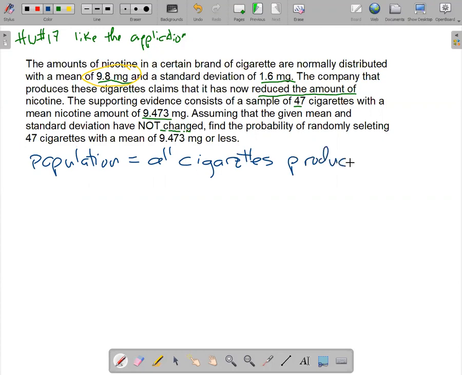Every situation you get to reflect on what the population we're looking at is. It's always a little bit different, and usually you make it as big as you can. We're talking about a single company here, not all cigarettes produced, just this company's cigarettes.